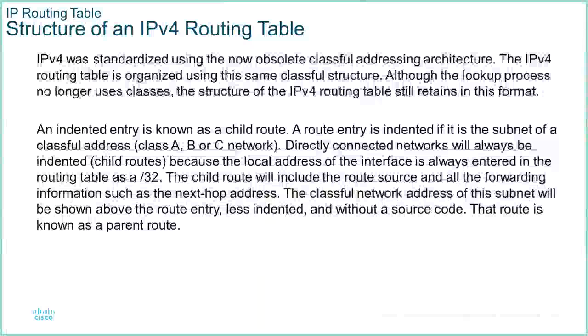So what it'll do is it'll come up with a parent based on the class address architecture, and then list its children or its subnets individually underneath that parent, which are known as child routes. These children will be indented so that they can be seen as belonging to the parent.